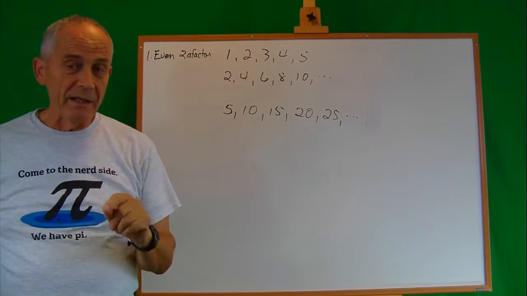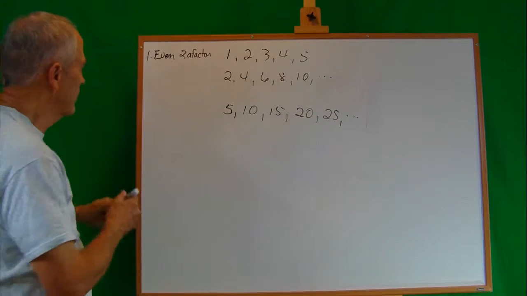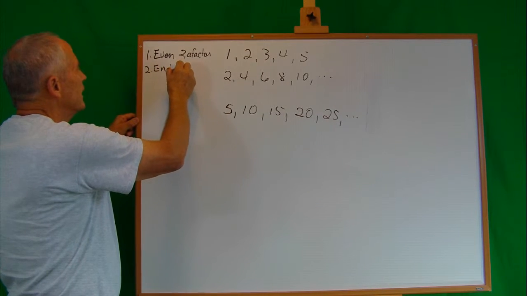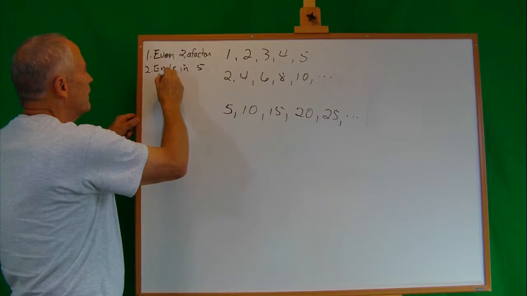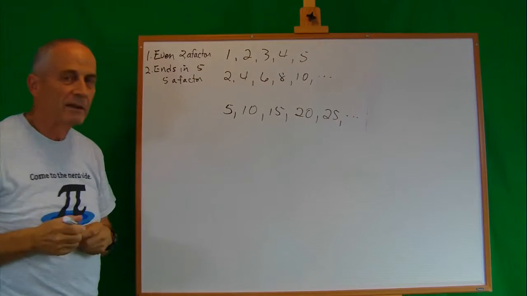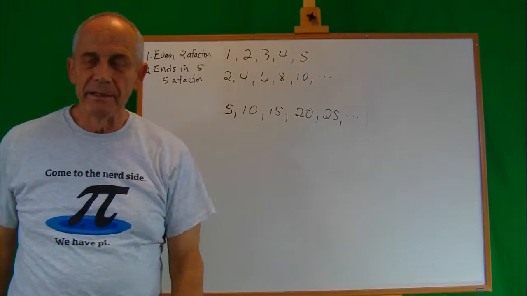So if a number ends in 5, what's going to be a factor? Okay, ends in 5, 5 a factor. Now let's take the rest of this group. We've got 10, 20, 30.